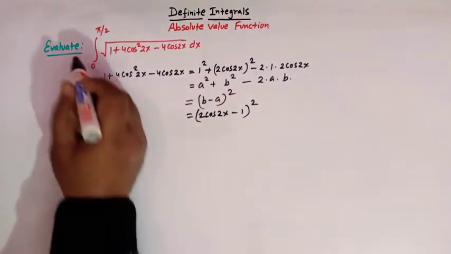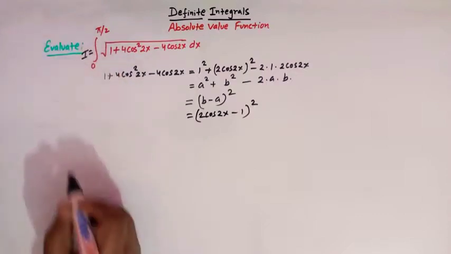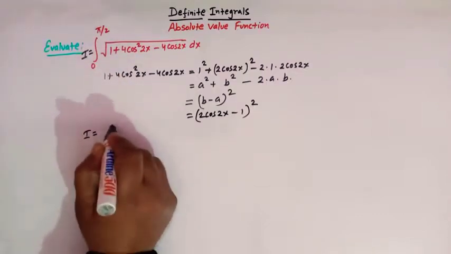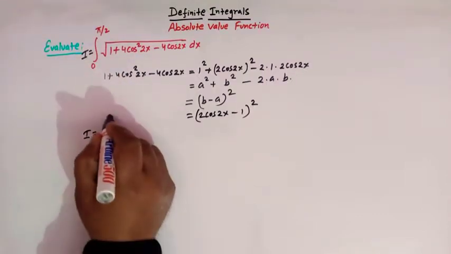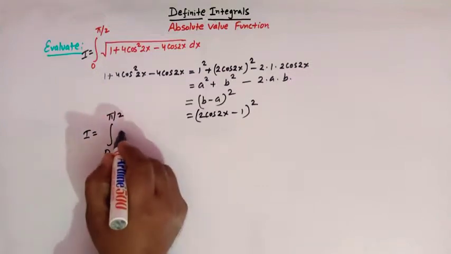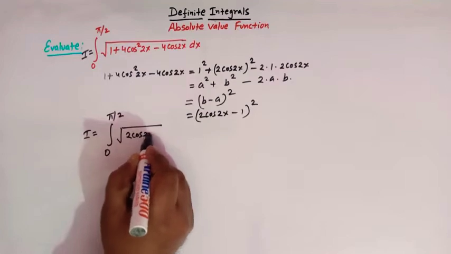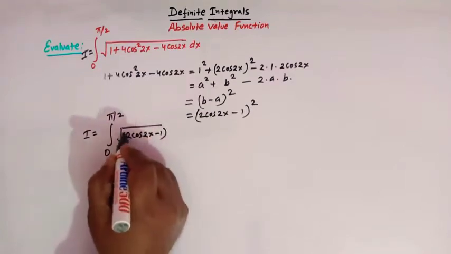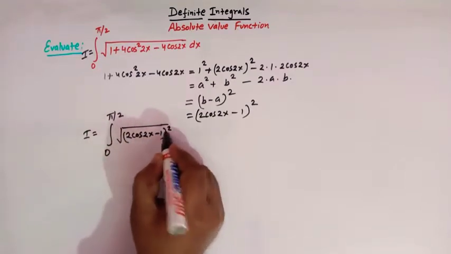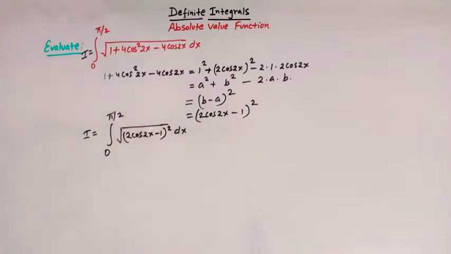So now this integral I can be written as the integral from 0 to pi by 2 of the square root of 2 cos 2x minus 1 whole square dx.